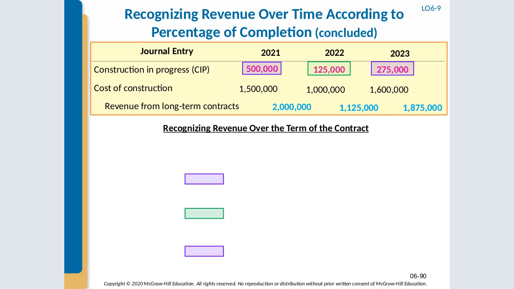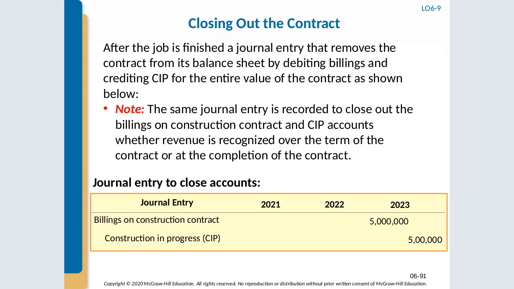So, what's happening here? Well, we already showed that. Once the construction is finalized, we have a final product now at the end of 2023, then we're going to close. Remember, this was an asset account and this was a liability account. And I know we only close income statement accounts. We've been saying this ever since BA 200.